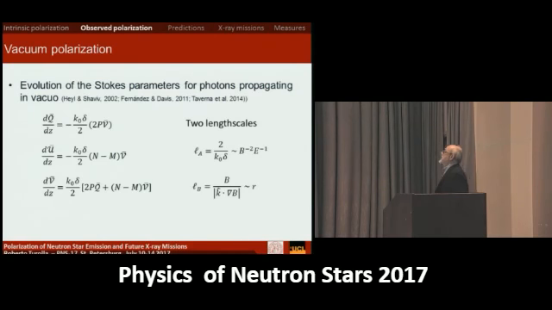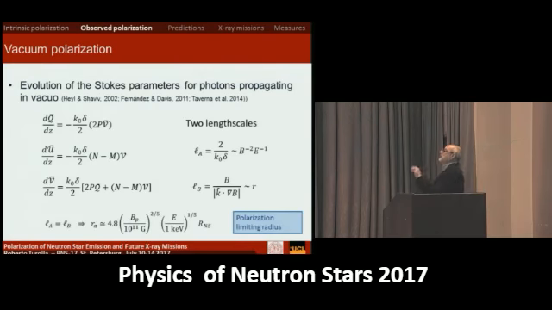For a neutron star with a dipole field, this is simply roughly the radial distance. L_B measures the length scale along which the magnetic field varies as the photon propagates away from the neutron star. These two length scales, L_A and L_B, if you make them equal, define a characteristic radius, which is of the order of a few times the neutron star radius, and which depends on the value of the magnetic field at the pole and on the energy of the photon.